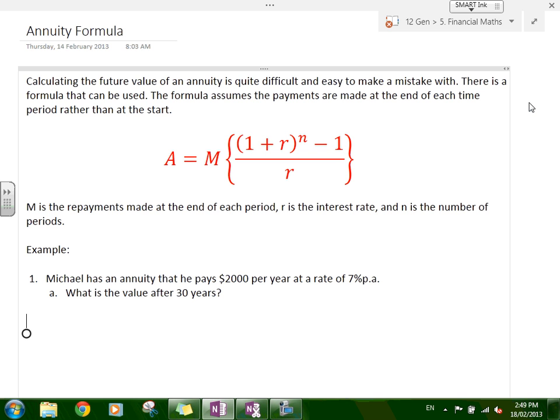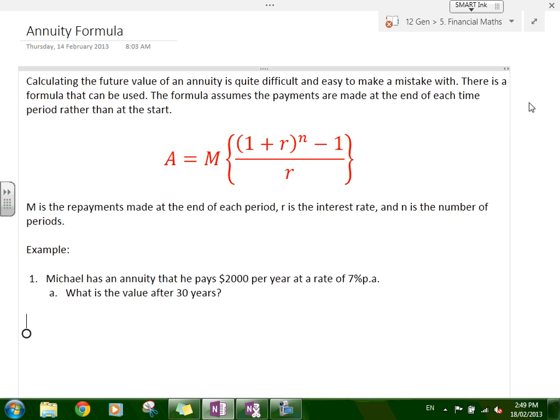So M. No, this is not about borrowing, this is about investment. M is the amount that you put in regularly. So if I say $400 a year, that's M. At the end of each year, I'm putting in $400. That's the payment you'll make.